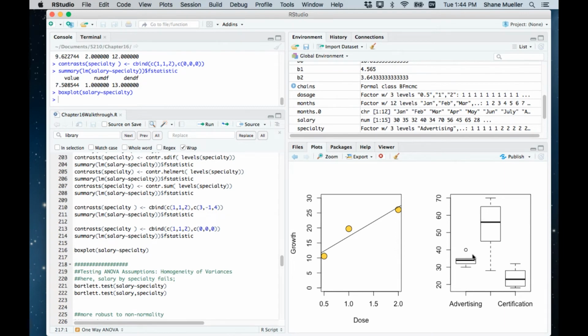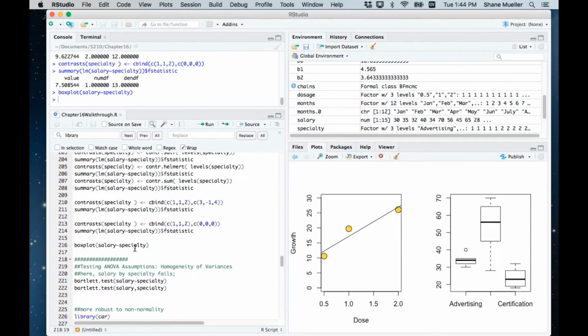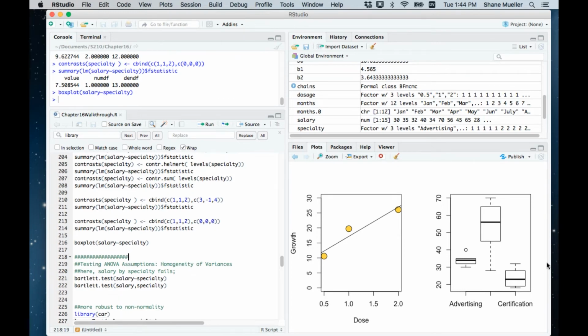But now that we have specific categorical predictors, other tests are available for this. So here it looks like we might be in trouble, because the variance here might be smaller than this, although, if this weren't an outlier, it might look very similar. But this variance looks a lot larger. So we would like to test whether this is true, test the homogeneity of variance assumption, and maybe find ways of dealing with it.